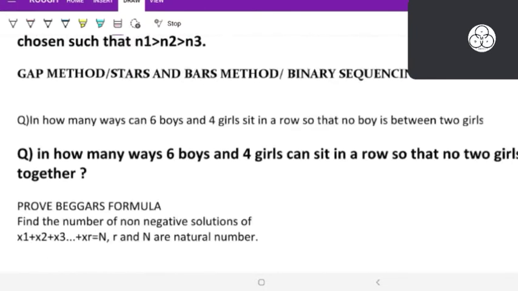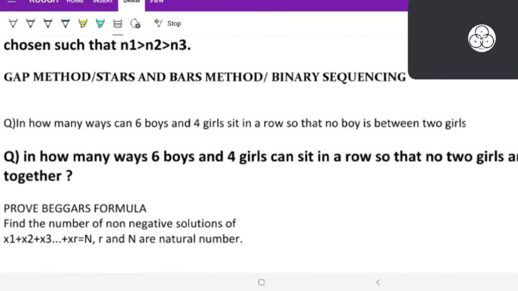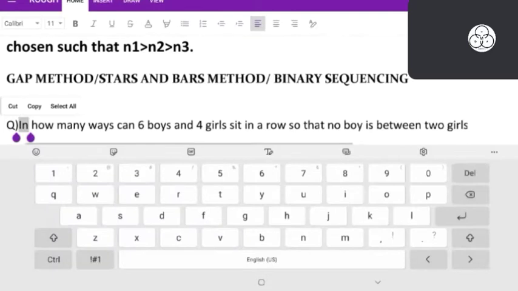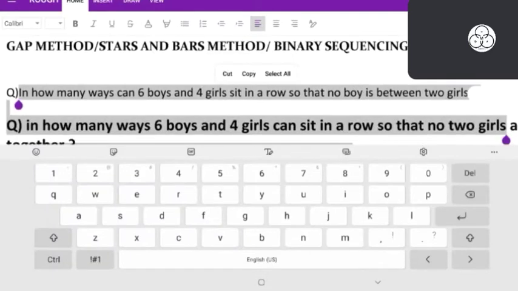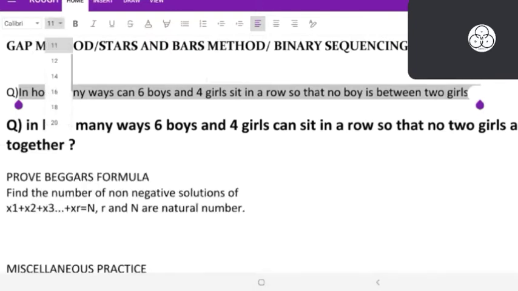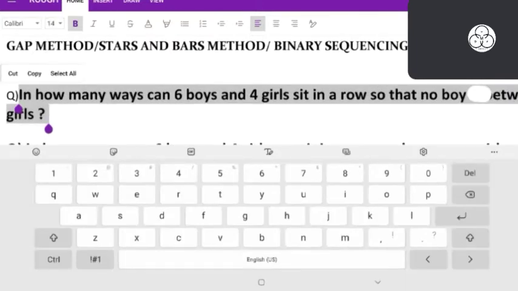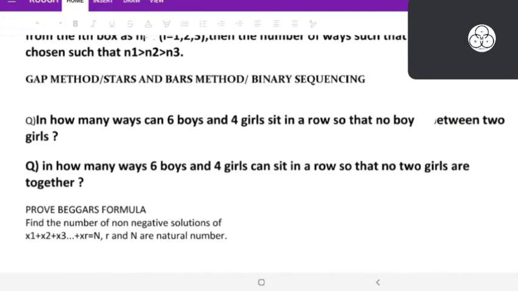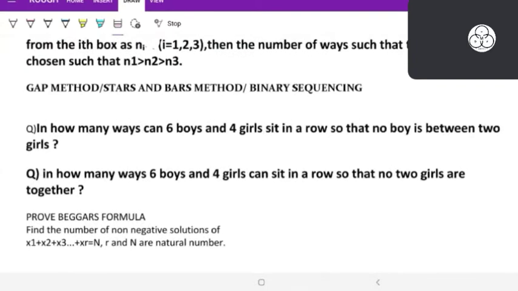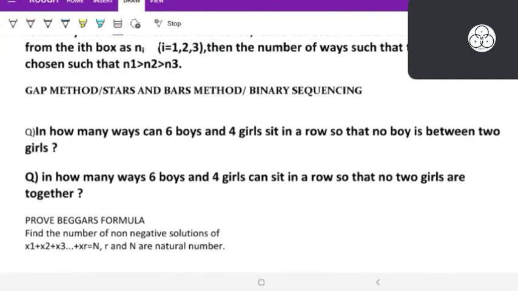In how many ways can 6 boys and 4 girls sit in a row so that no boy is in between 2 girls?